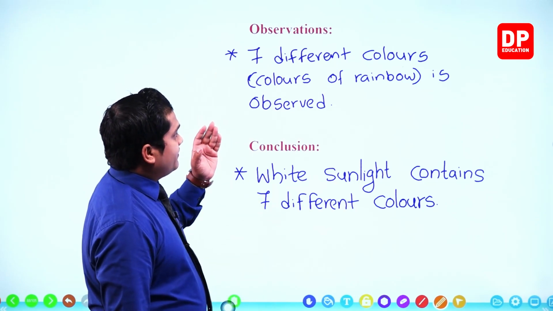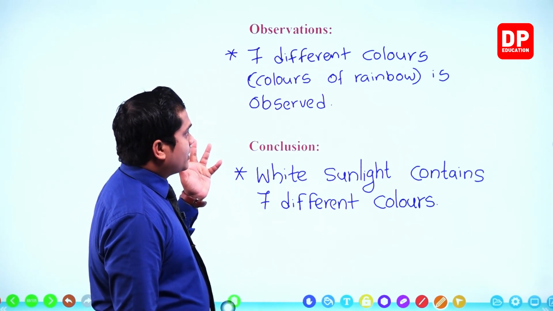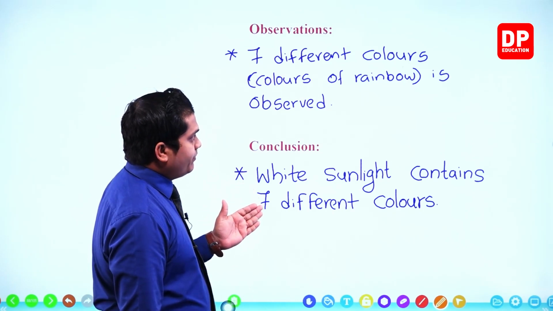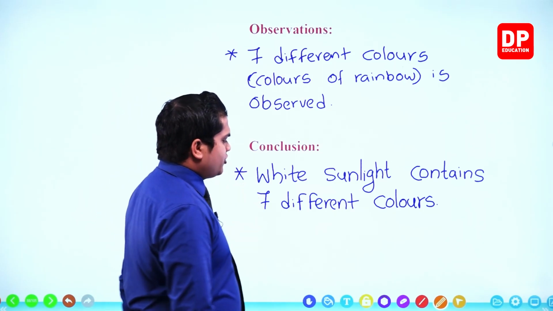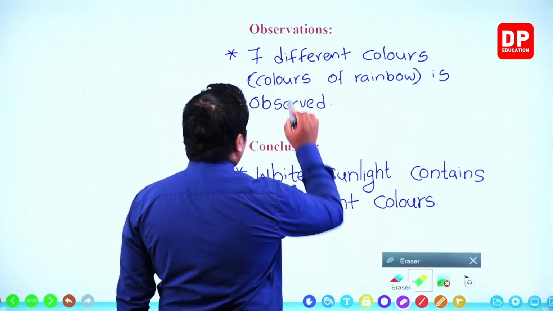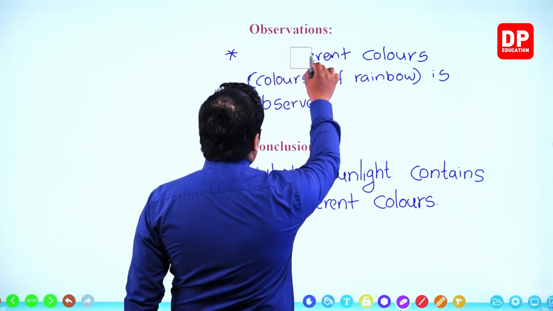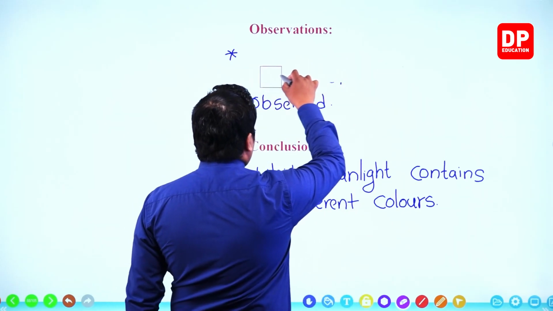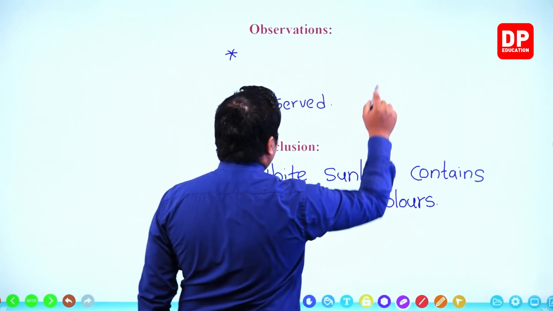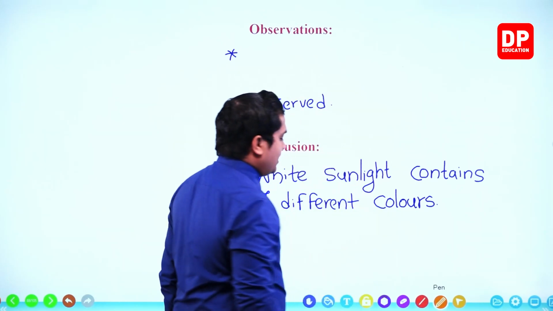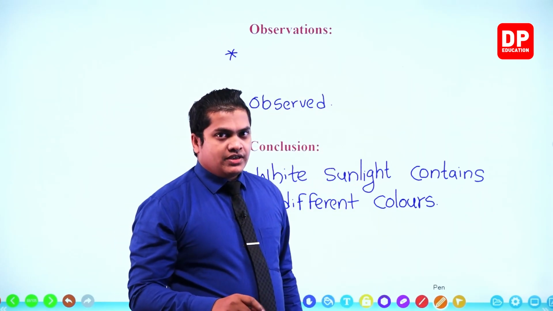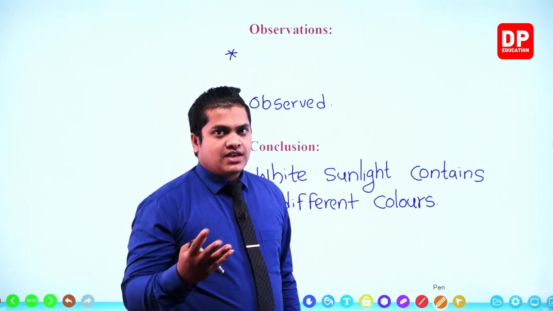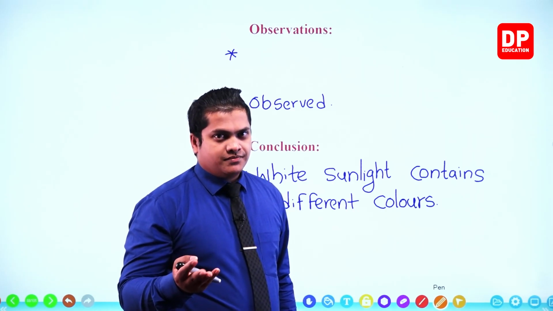You know that the 7 different colors, or the colors of the rainbow, are observed over here. I'll mention it as colors of the rainbow. That would be more convenient, no? Because actually we won't be able to observe the 7 different colors in detail over here. However, we can observe the colors of the rainbow for sure.